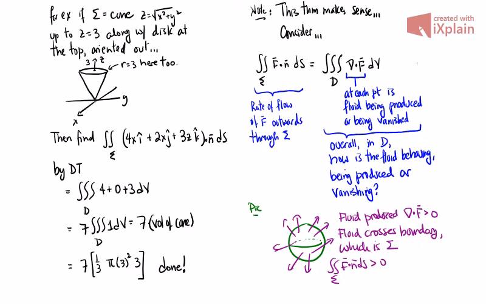And likewise, the reverse: if on the whole, inside the object, the fluid is vanishing, being sucked in, like little sinks all over the place, it has to come into the object from outside, crossing the boundary going inwards. So that's basically the meaning of the divergence theorem. It's a nice one because it makes sense. And that is the end.